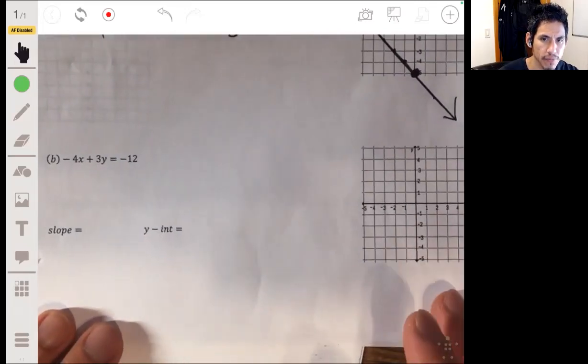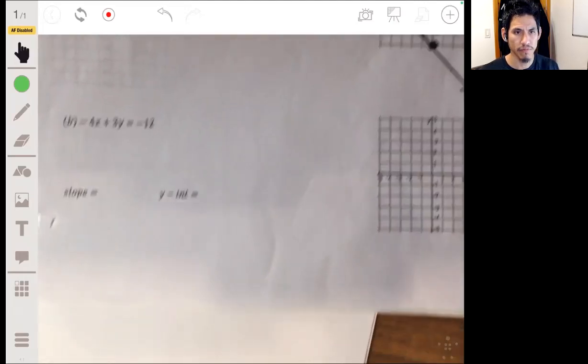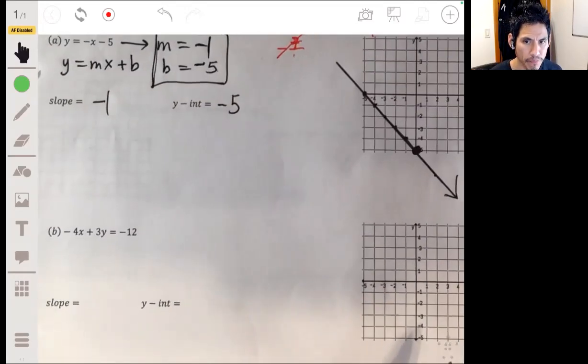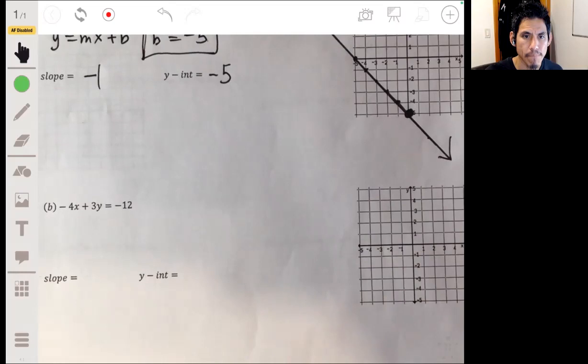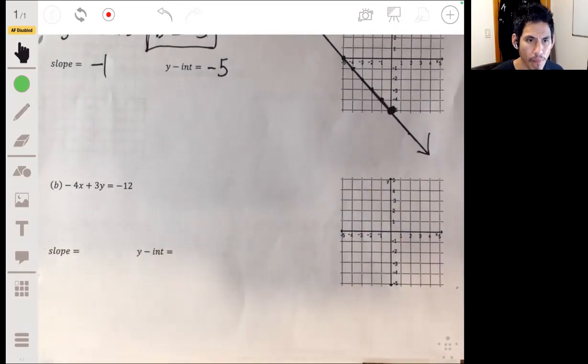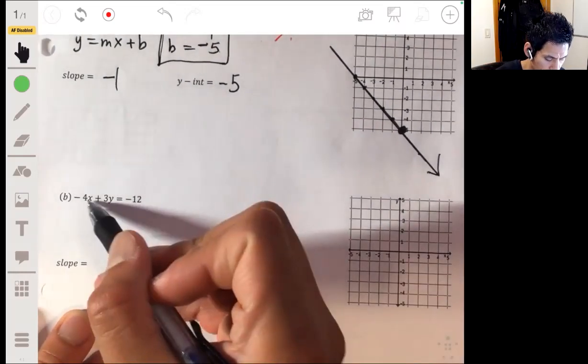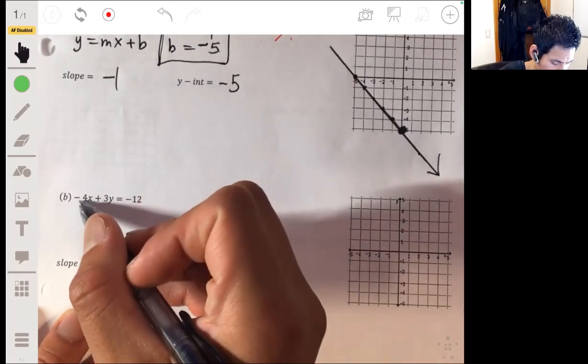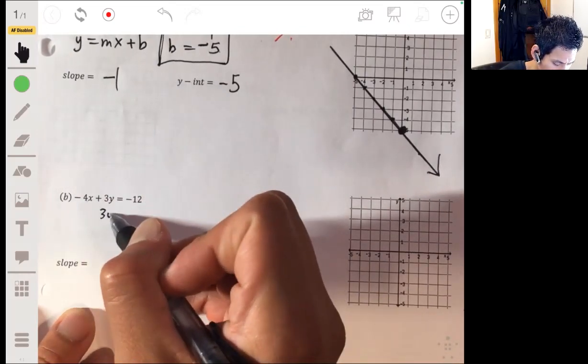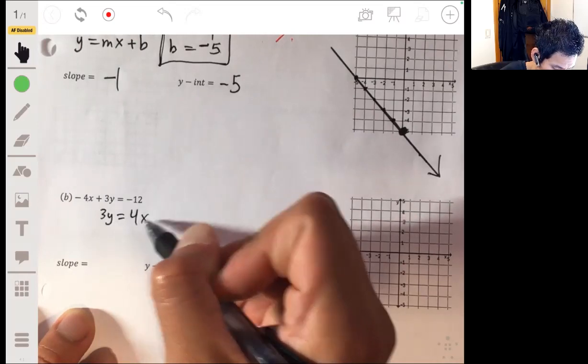Okay, now for this one, for B here, we just got to solve for y. Let's add 4x to both sides. We'll get 3y equals 4x minus 12.